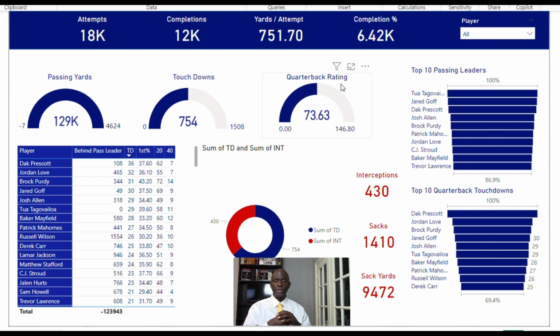We could say, hey, we're only going to measure the quarterback ratings only for those who have a minimum of 2,000 yards passing. Good, bad, or indifferent, that's how we can filter out data, whether it be quarterbacks or whether it be millions of dollars when using Power BI. So that's what Power BI is. Power of the BIs, that's what we do, right?